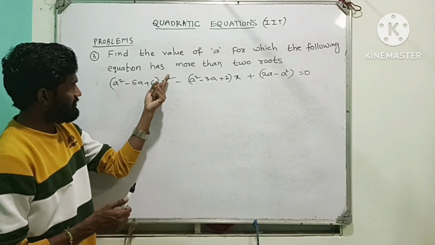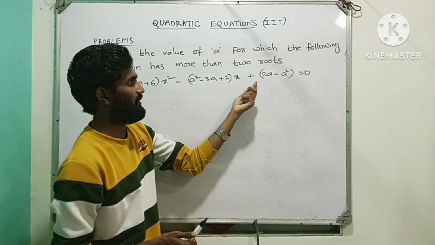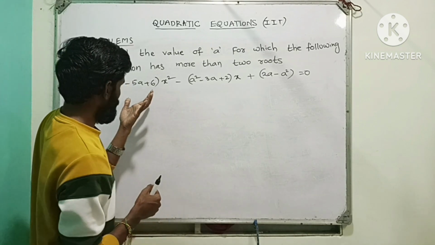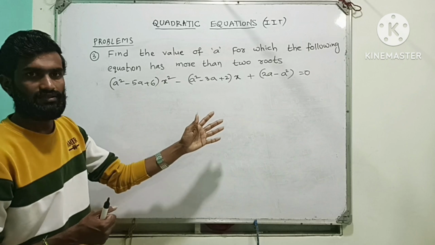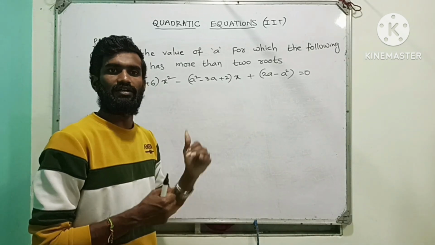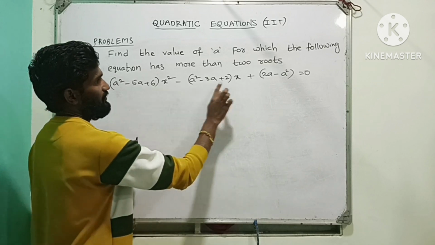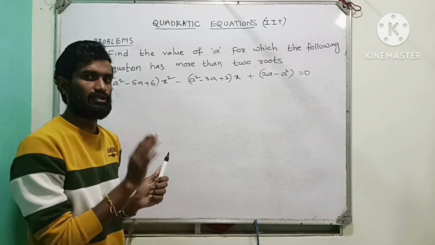Here you are observing something into x square minus something into x plus something which is equals to 0. If you observe this, it looks like a quadratic equation. So he is saying that for this quadratic equation more than 2 roots are there. He is saying, in the question it is saying.